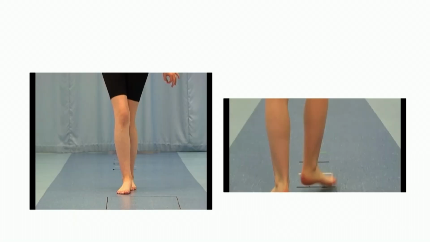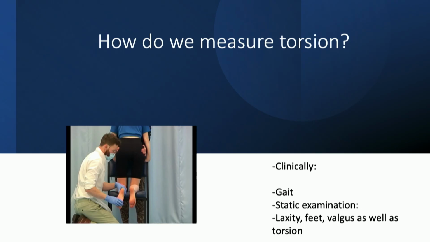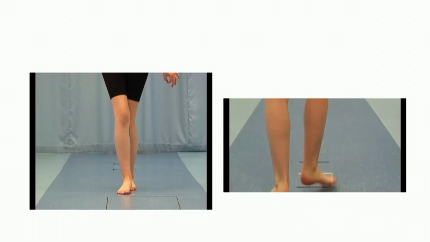We've talked a little bit about how we measure torsion. It's to do with, obviously, all your static examinations, and I agree completely with what's been said already, but also look at the feet. Foot position will affect the valgus moments at the knee. Ligamentous laxity as well, obviously. But sometimes it's more complicated than a static examination, just a physical examination of the lower limb.